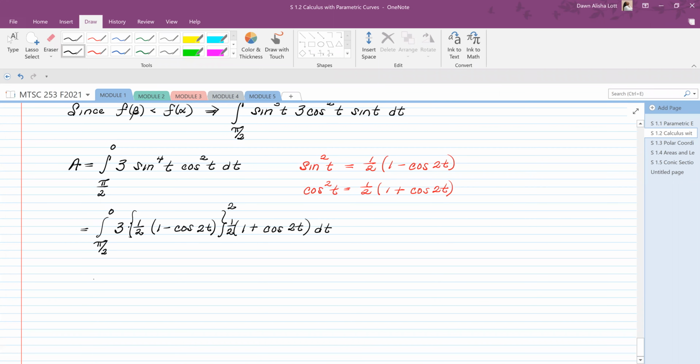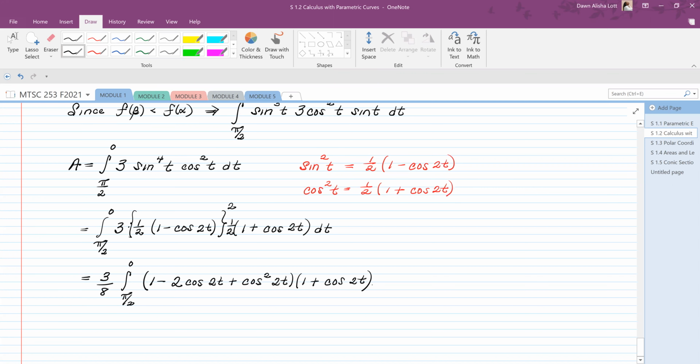Okay, so I have 3, 1/2 squared is 1/4 times 1/2, so I get 3/8, the integral from pi over 2 to 0, and now I get 1 minus 2 cosine of 2t plus cosine squared of 2t times 1 plus the cosine of 2t.